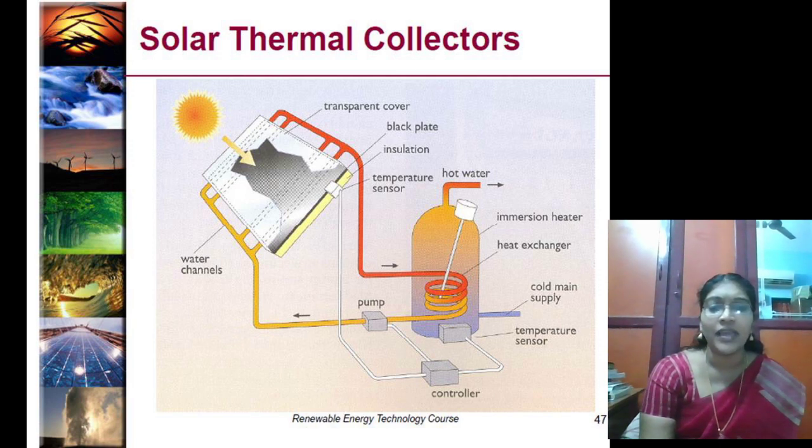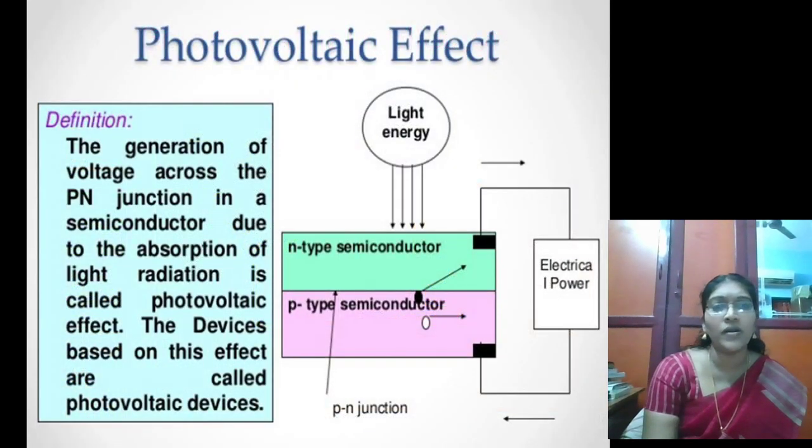In this way it is used. Next we can see what the photovoltaic effect is. The photovoltaic effect is the generation of voltage across the PN junction in a semiconductor due to the absorption of light radiation.